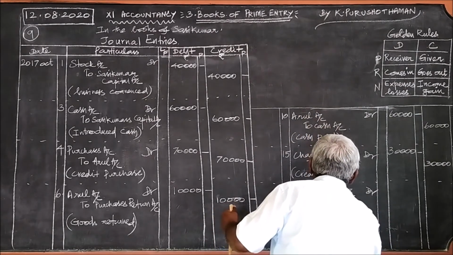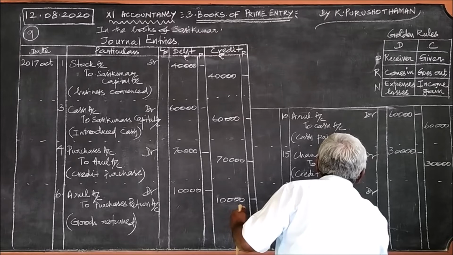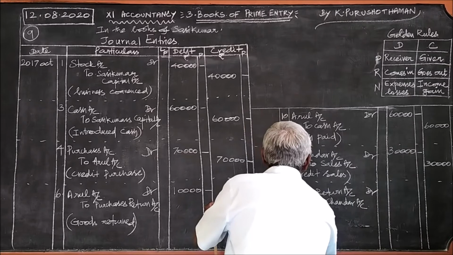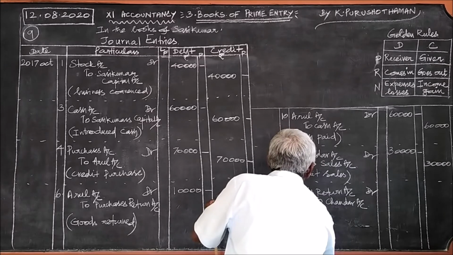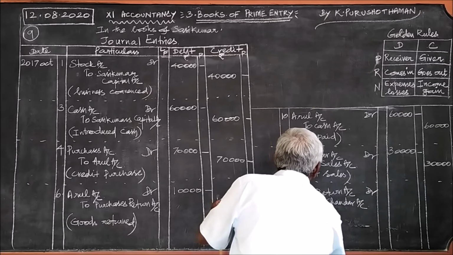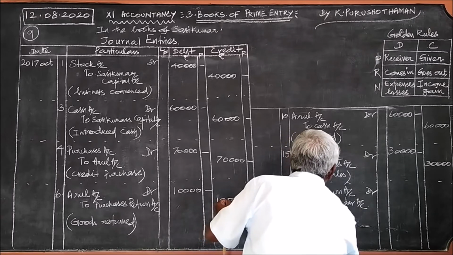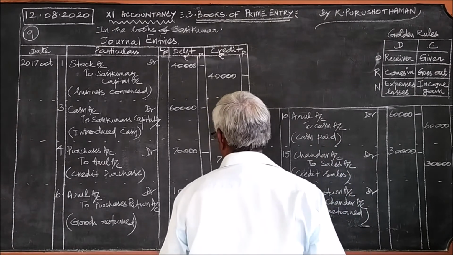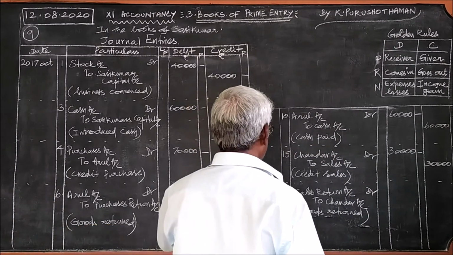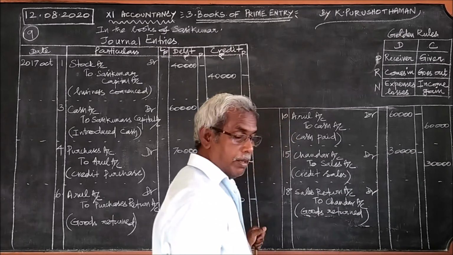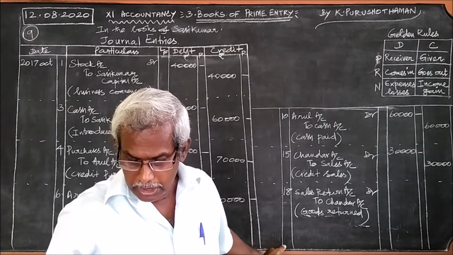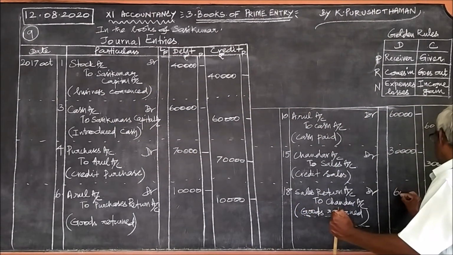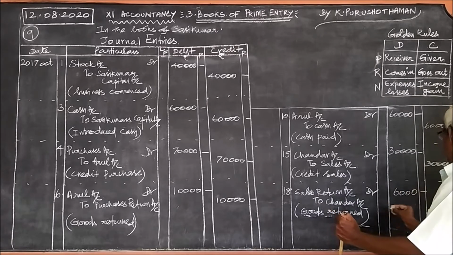So to Chandar account. Goods returned. Here this is purchases return, here the sales return. The amount of goods returned is 6,000 rupees.